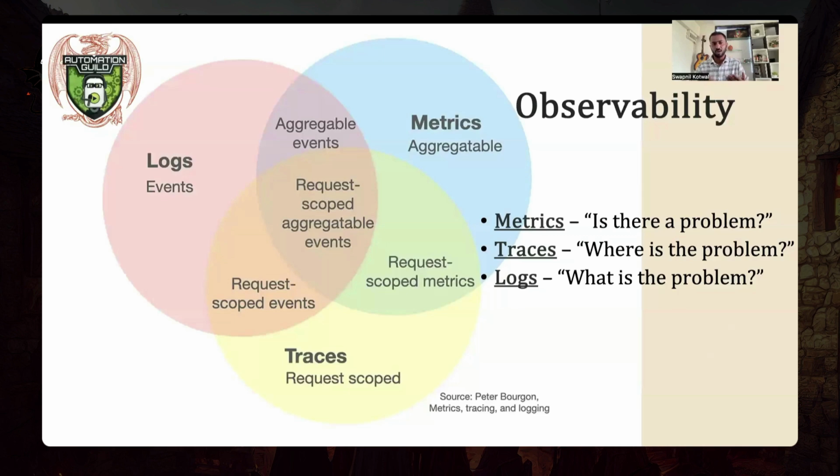So you need to know the logs: what are the problems that you can list out. Traces, the request-scoped traces, can show you the whole journey of your request, starting from the first service to the databases and coming back to be served.